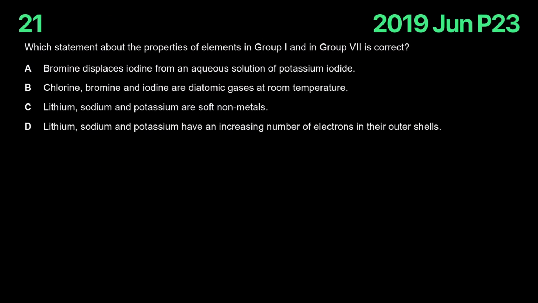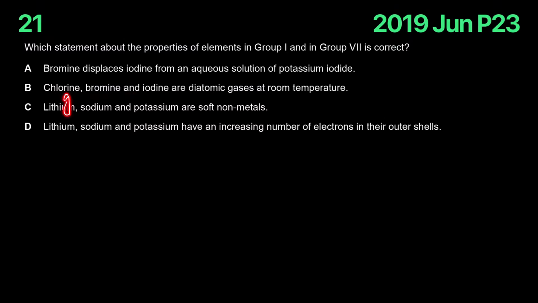Which statements about properties of elements of group 1 and group 7 are correct? Bromine displaces iodine from aqueous solution of potassium iodide. Chlorine, bromine, and iodine are diatomic gases at room temperature. Actually, they're the whole spectrum of states of matter.